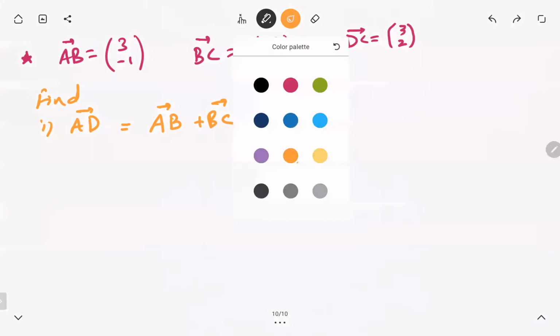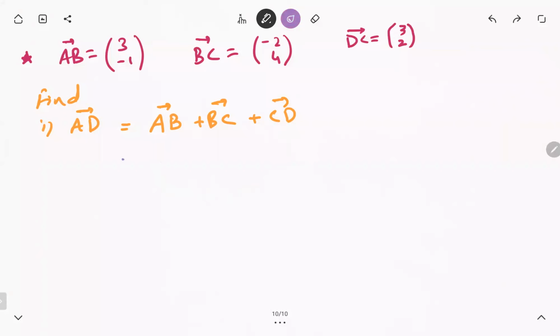Now use the column vectors. AB is 3, minus 1. What is BC? It's minus 2, 4. What is CD? Your DC is 3, 2, so just change the direction. Your CD will be minus 3, minus 2. So you'll get the vector AD.